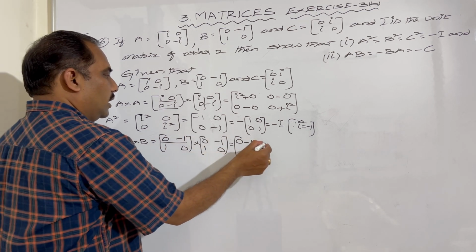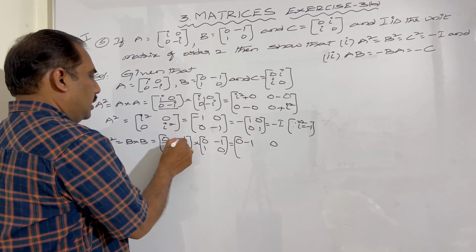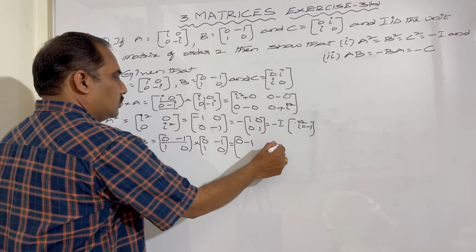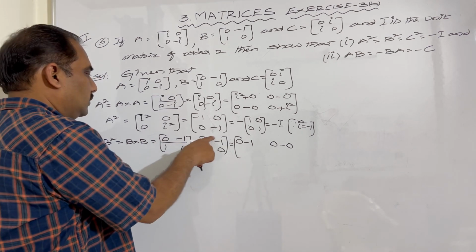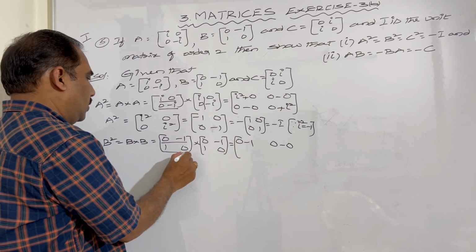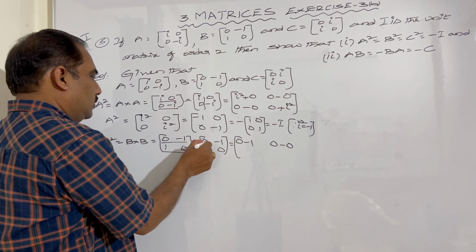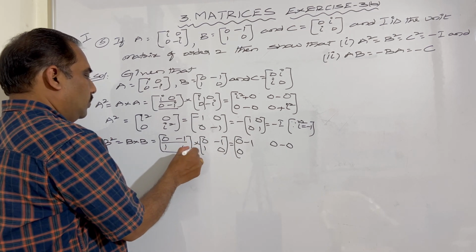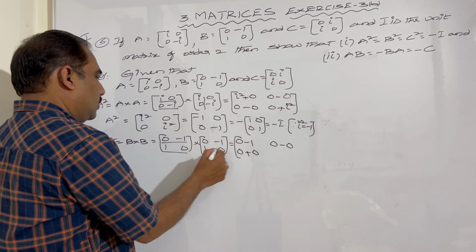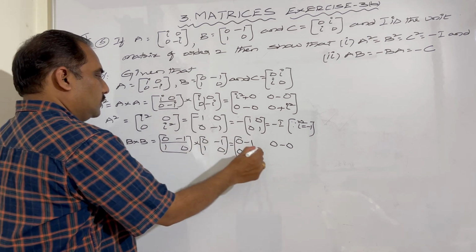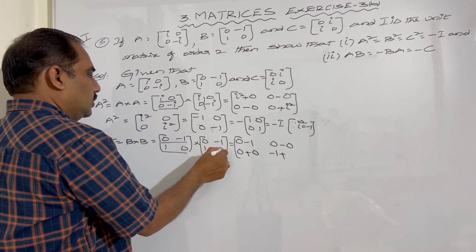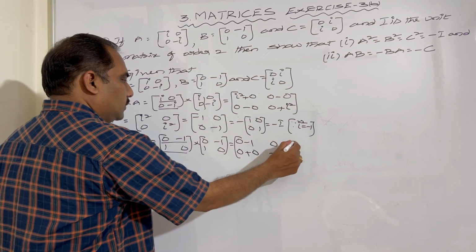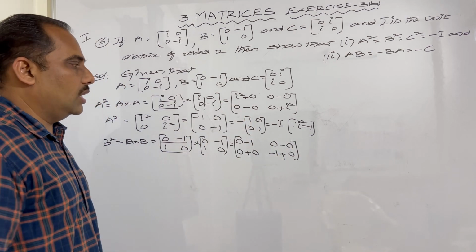First row, second column, 0 into minus 1, that is 0, and minus 1 into 0, that is also 0. Second row, first column, 1 into 0, that is 0, and plus 0 into 1, 0. Second row, second column, 1 into minus 1, minus 1, plus 0 into 0, 0.